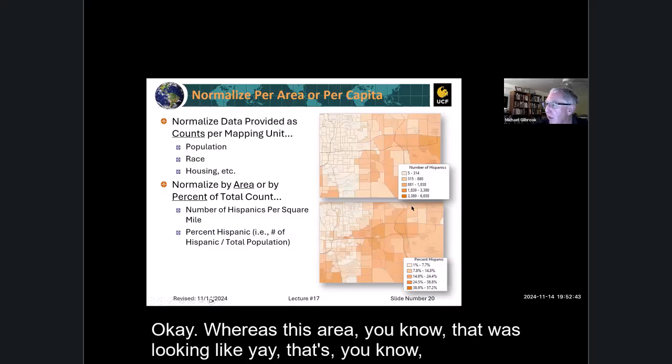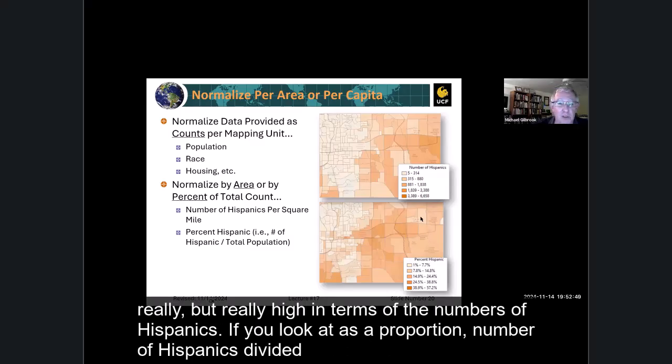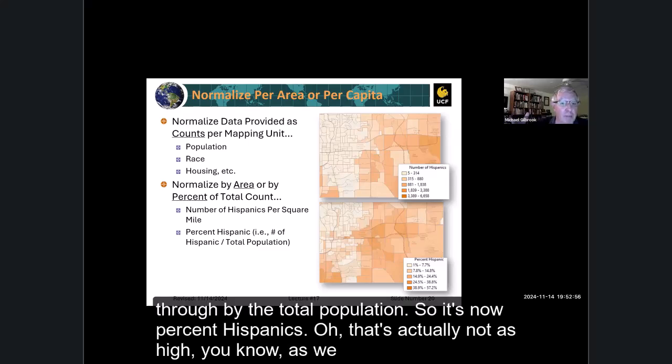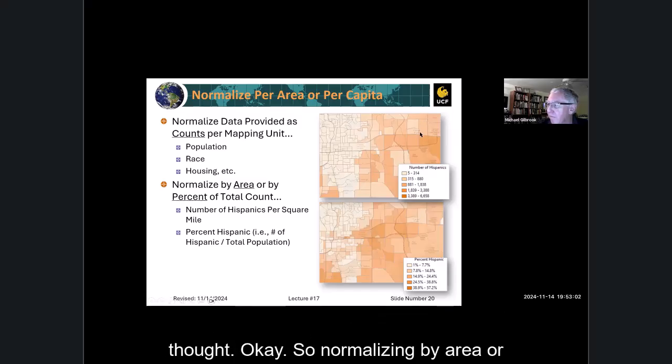Whereas this area was looking really, really high in terms of the numbers of Hispanics, but if you look at it as a proportion, the number of Hispanics divided by the total population, so it's now percent Hispanics, that's actually not as high as we thought.